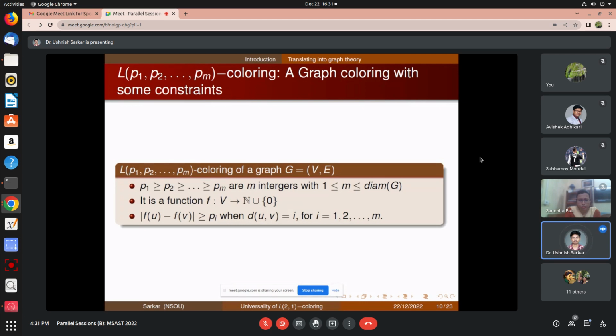The second thing is that up to distance m, that is, for 1 ≤ i ≤ m, the frequency difference of two vertices, as we can see in the third point, I have written as the absolute difference |f(u) − f(v)|, where f is the assignment, is at least pi, where i is the distance between u and v.